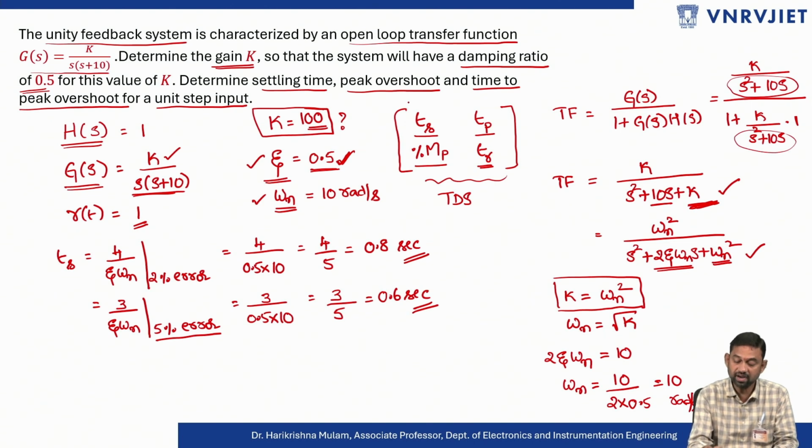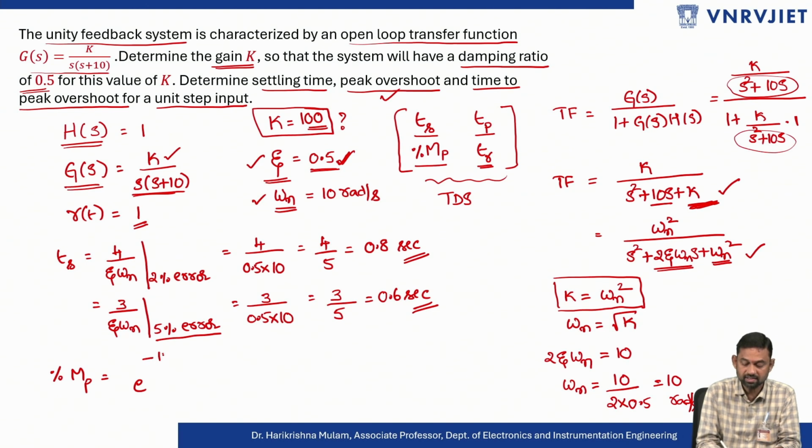Then let us find peak overshoot. Percentage peak overshoot is given by the formula e power minus pi zeta by square root of 1 minus zeta square into 100.